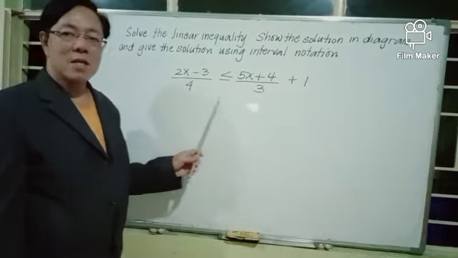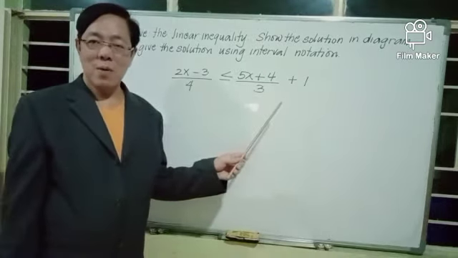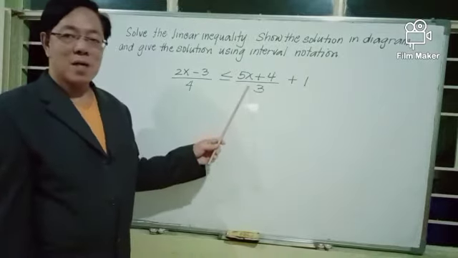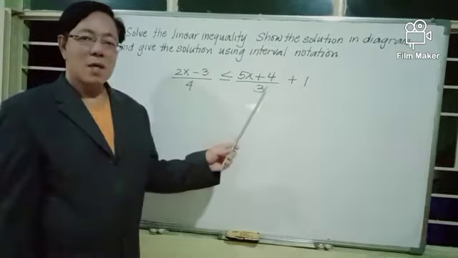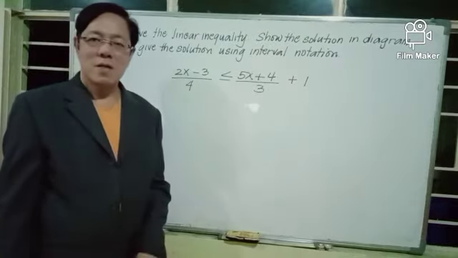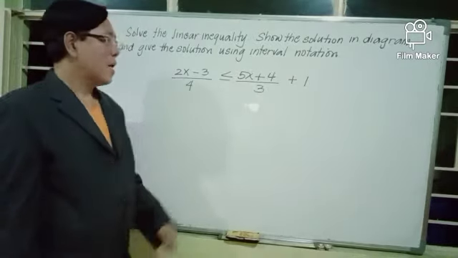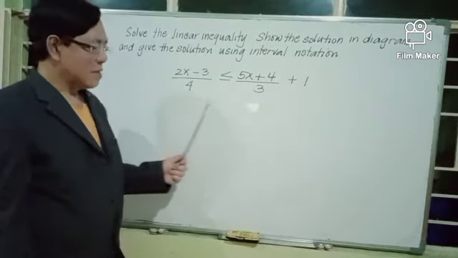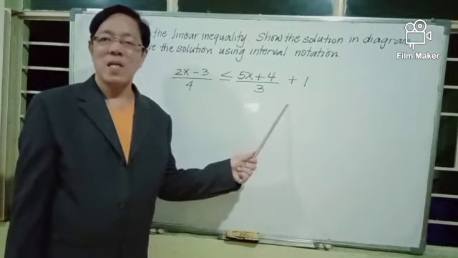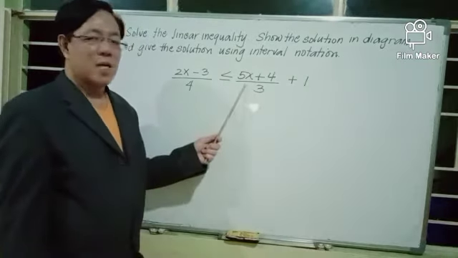And it is a linear inequality in one variable because there is only one variable x, and the highest exponent of x is 1. So the variable x is linear, and we have linear inequality in the given.